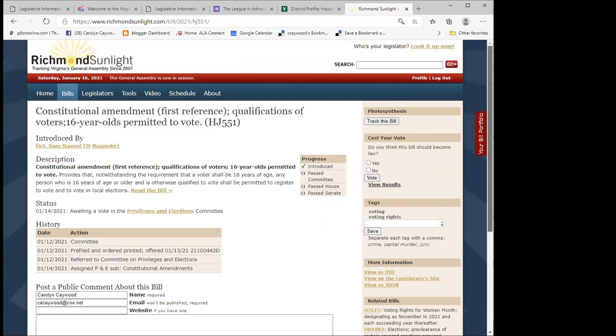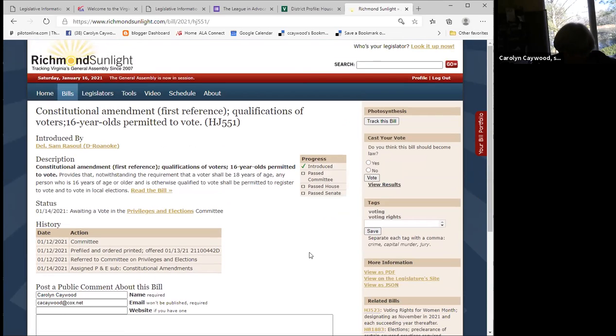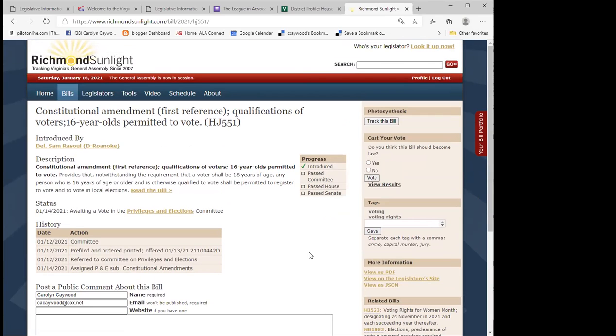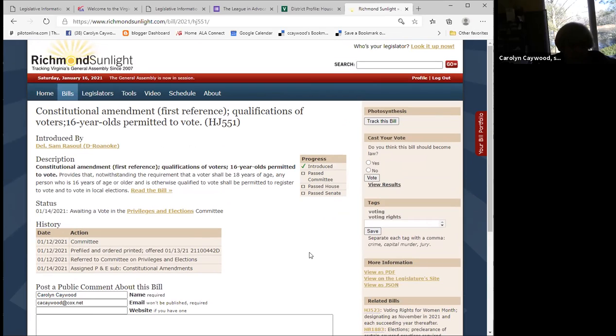Do we have a position on that up or down the line? We do not, at no level. You could extrapolate that since the league is all about expanding voting rights, but you couldn't say that the league supports this. Right.